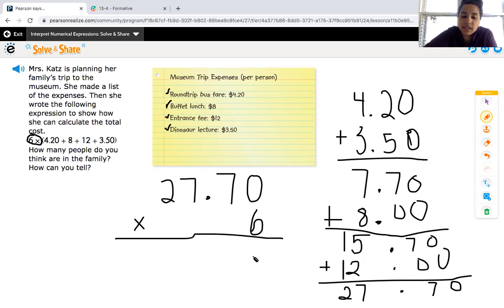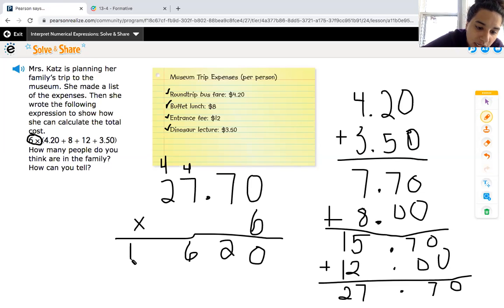So 6 times 0 is 0. 6 times 7 is 42. 6 times 7 is 42 plus 4 is 46. 6 times 2 is 12 plus 4 is 16. Okay, so we have 16620.